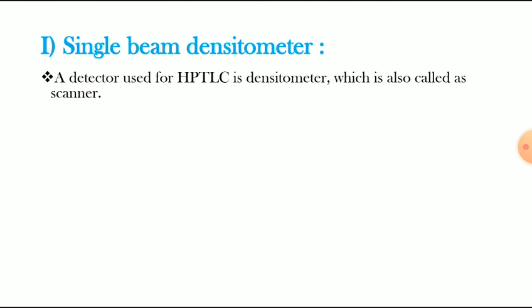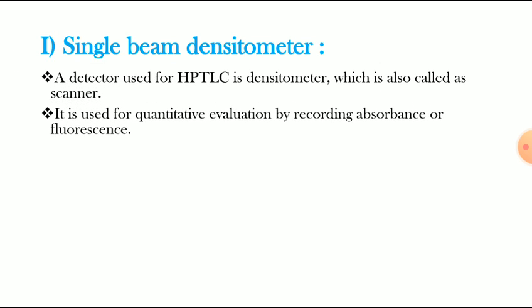A detector used for HPTLC is the densitometer, which is also called a scanner. That means simply this densitometer will scan the entire plate, and whatever separated components are present on that plate will be recorded with the chromatogram.